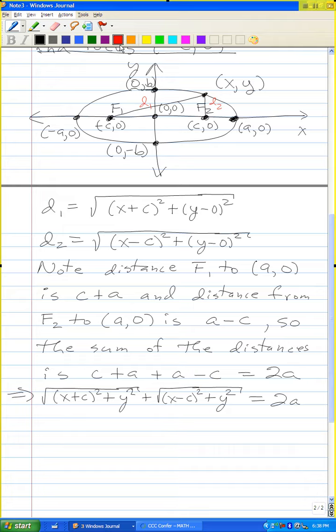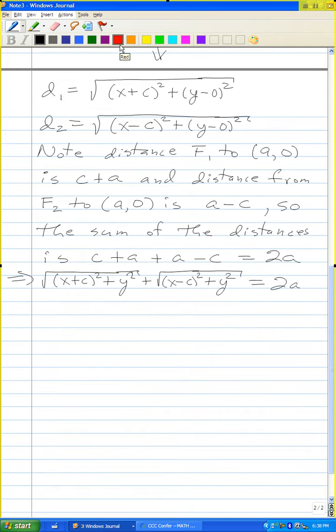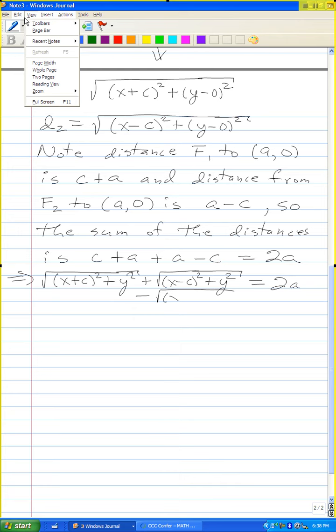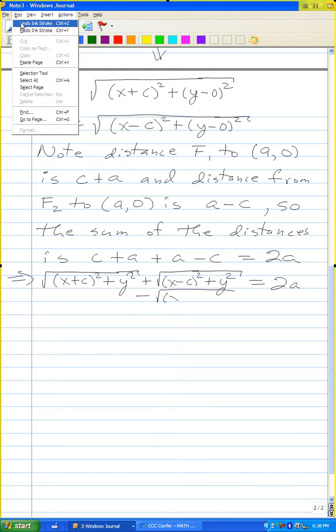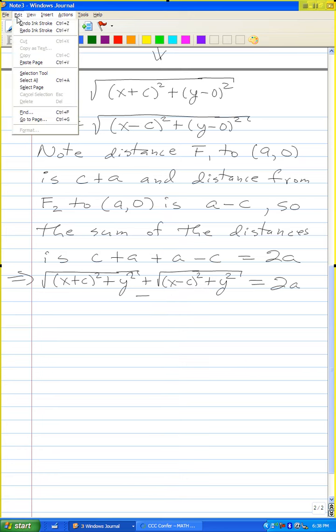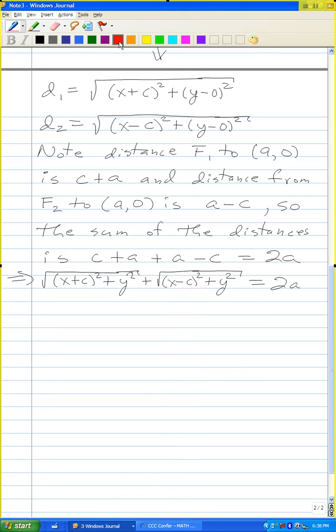So let me subtract the radical of (x minus c) squared plus y squared from both sides of my equation.